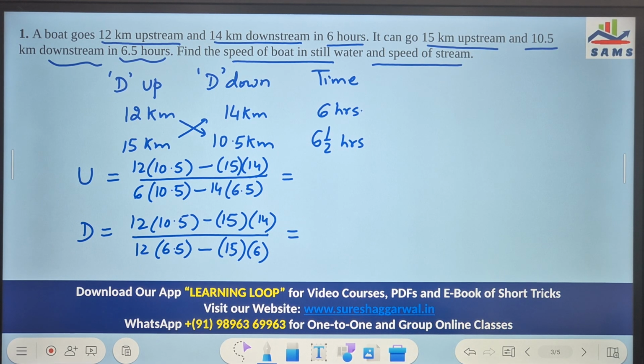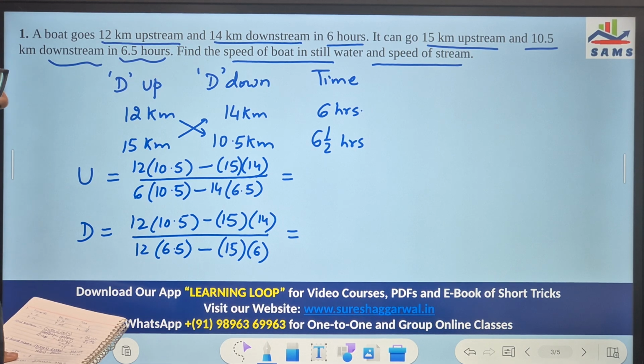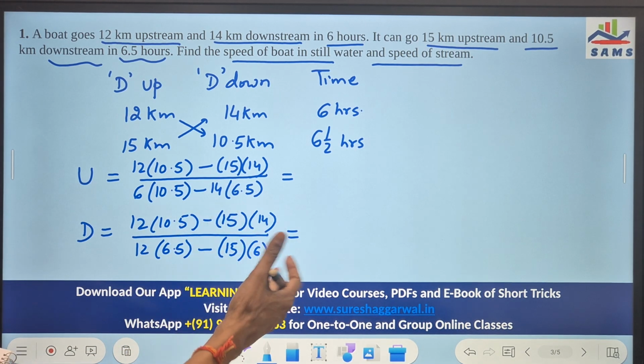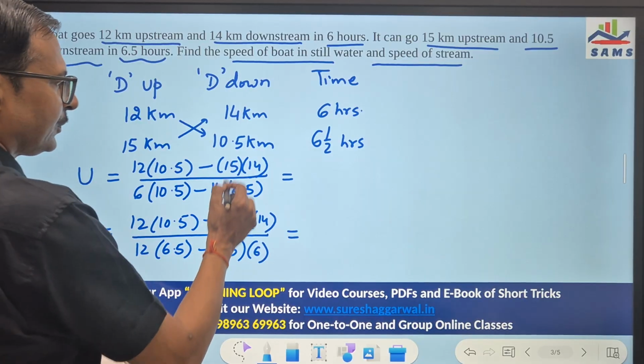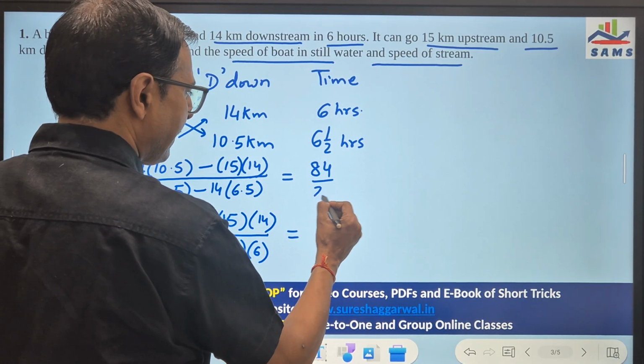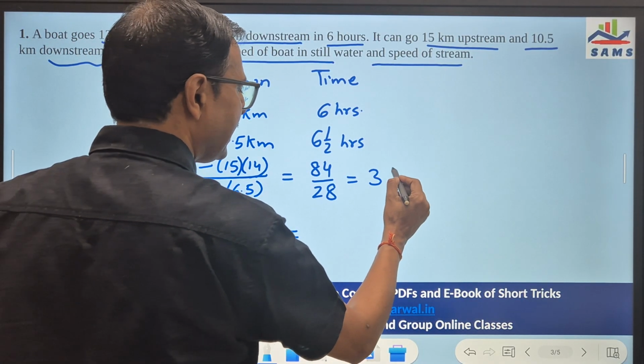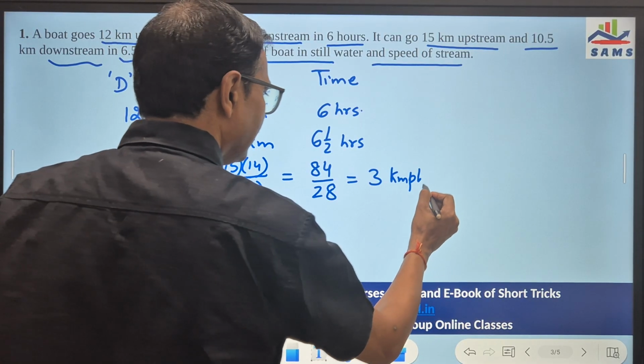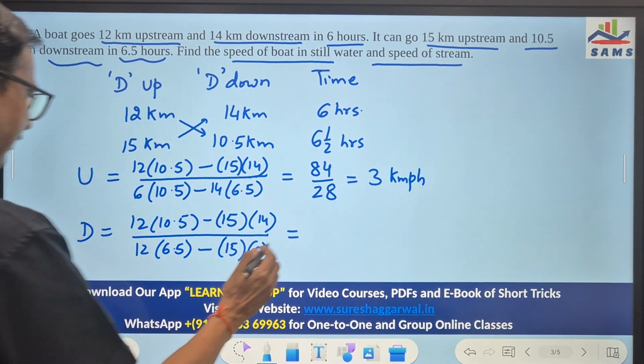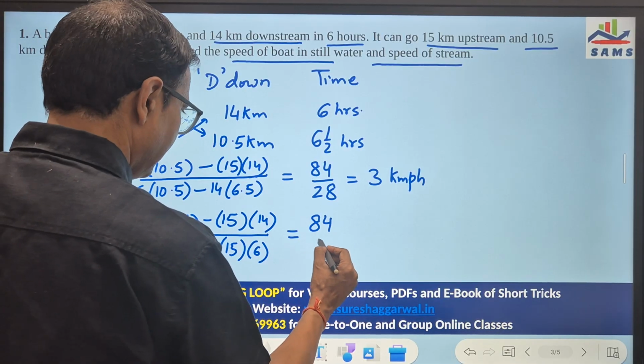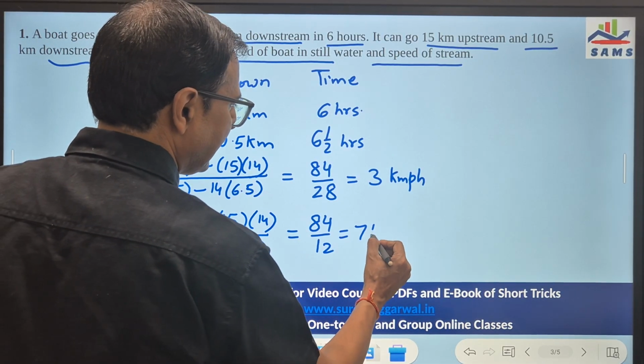I have already done it for you so that it becomes easy for us to proceed. This will become 84 upon 28, which will give you the answer as 3 kmph, and this second part will give you 84 upon 12, which will come out to be 7 kmph.